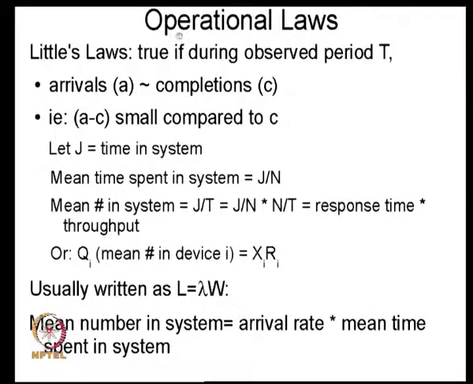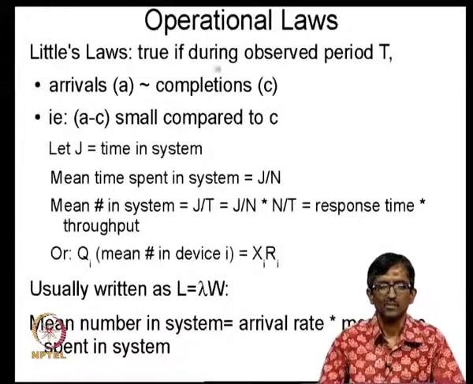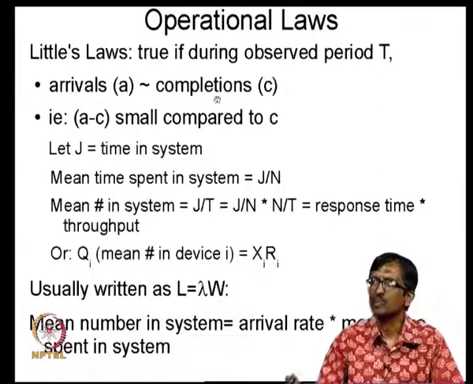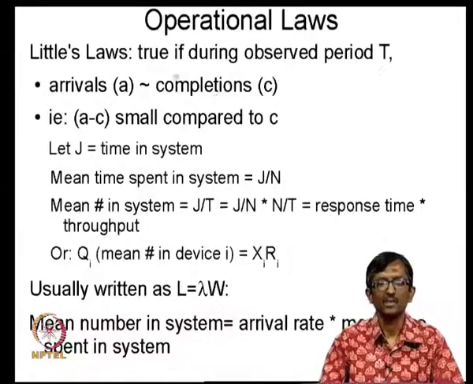A good example of an operational law is what is called Little's law. Okay. So usually if the arrivals and completions are just about equal during some observed period, then Little's law is usually quite accurate. Okay. So let us just see how this works.